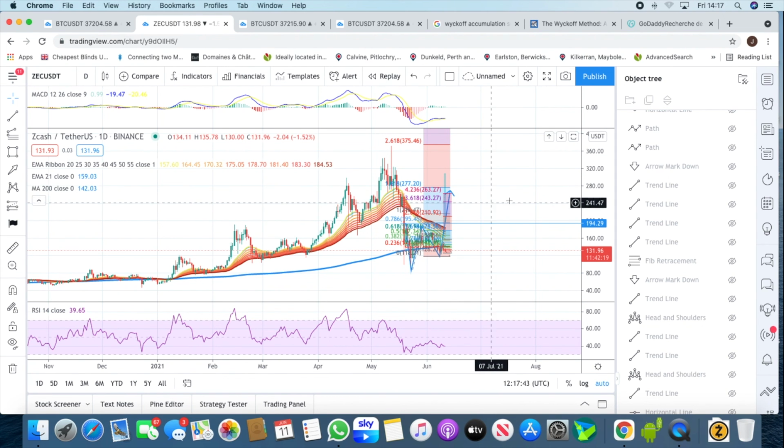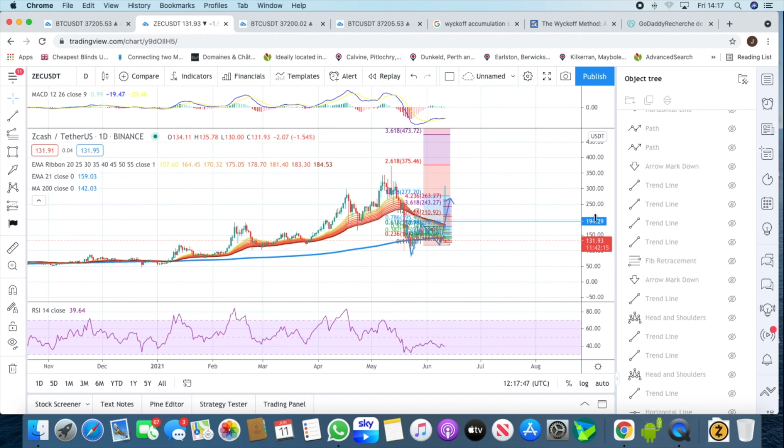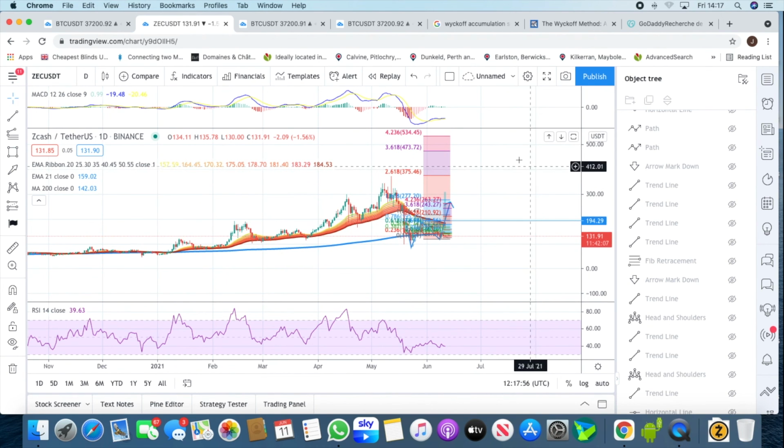So I think realistically, depending on how long Bitcoin goes sideways, we could get a very big alt season, and I think the ultimate target for ZCash, if we have a month or two of sideways action, is looking at somewhere in these regions. Let's say the 3.618, which is coming in at 474. That's where I would see ZCash getting to in the next month or so.